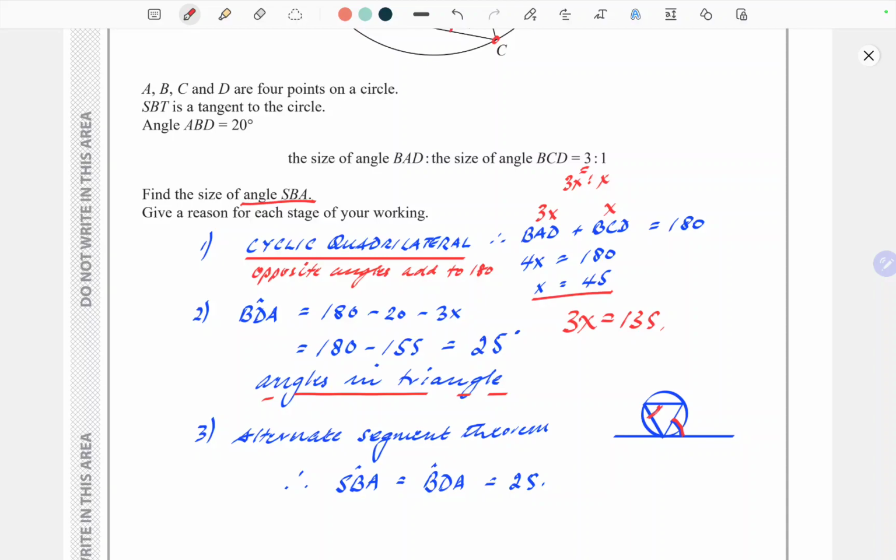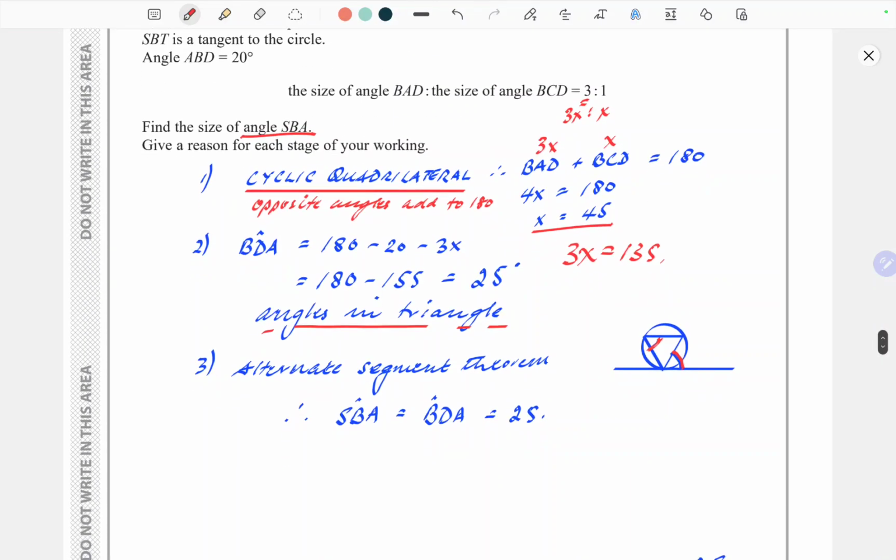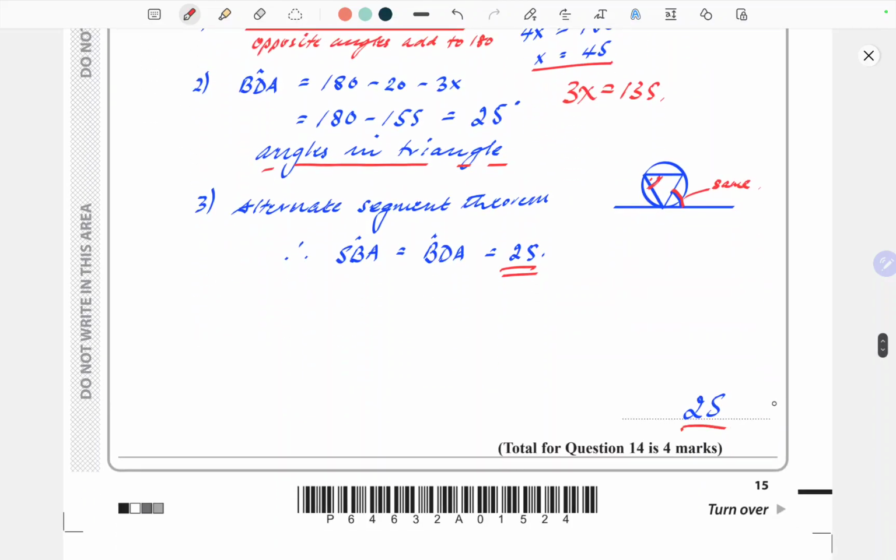If it's something you're not sure on, then please do go back and revise or drop it in the comments, and maybe I'll do a separate short video, 5-6 minutes on circle theorems. So if we know that that angle is 25 inside, then this must also be the same. Therefore, the answer is 25.